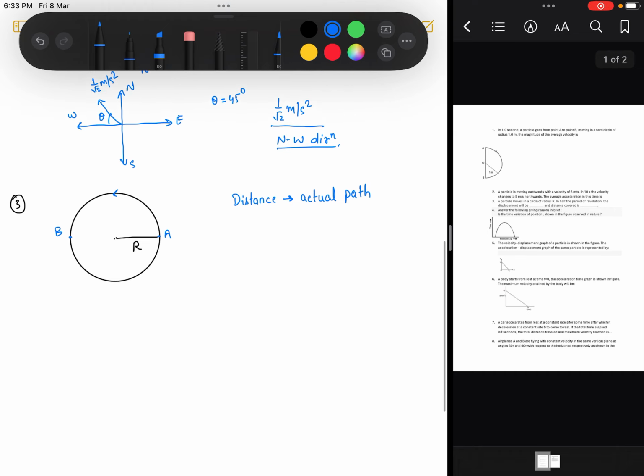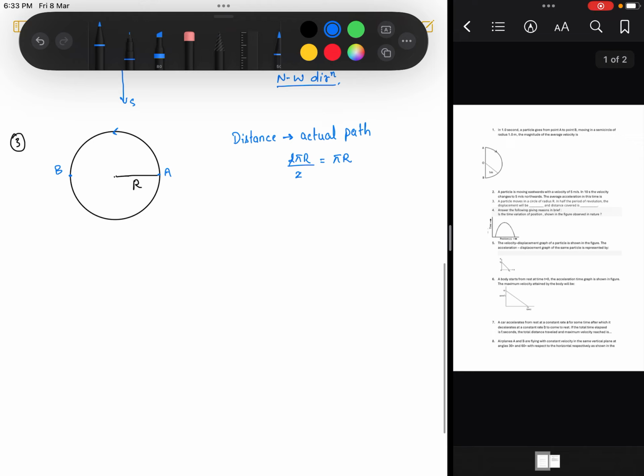So that actual path will be equal to the circumference of the circle divided by 2, that is equal to pi r. So this is the distance traveled by the particle.